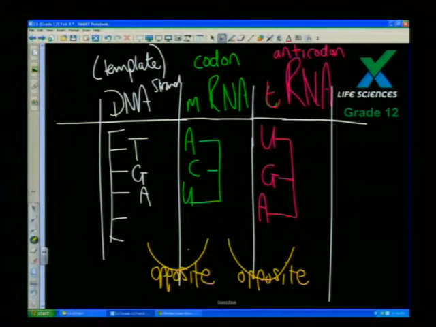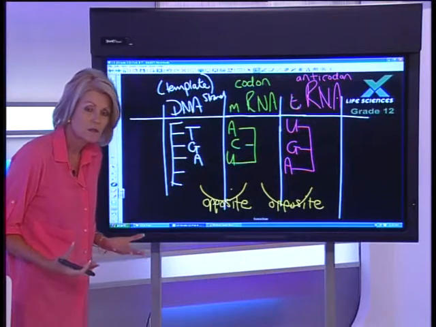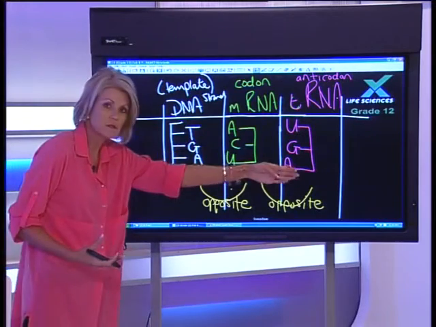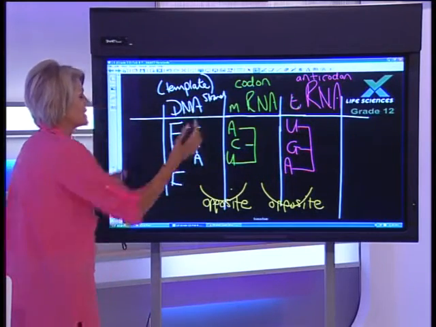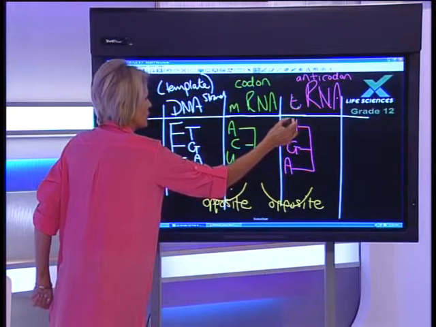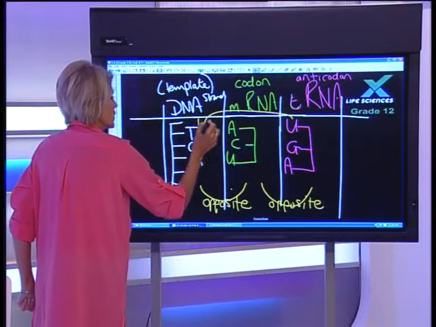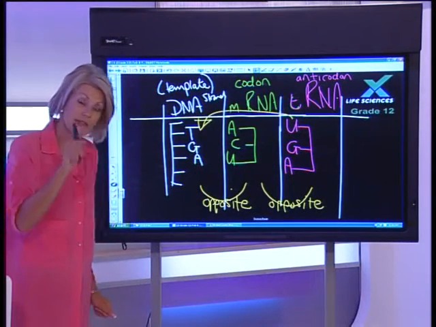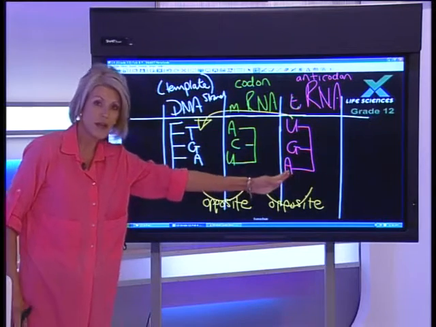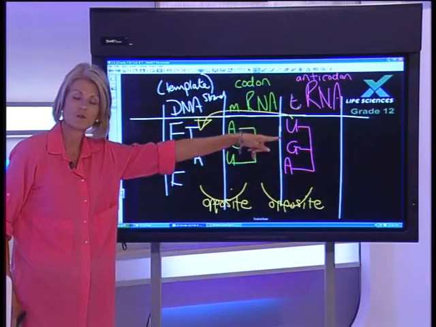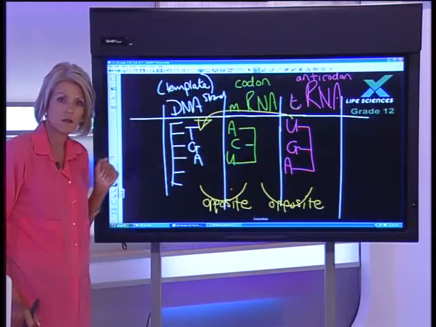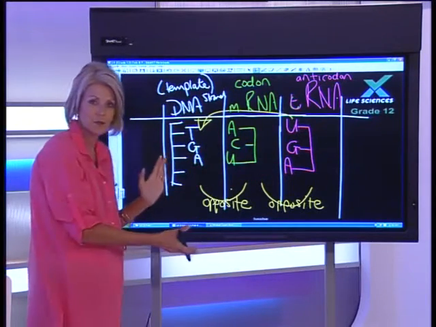But now, in being opposite, you've had opposite twice, which makes what is on the anticodon the same as what is on the DNA, except that because this is RNA, it is going to have uracil instead of the thymine. But the information is identical.